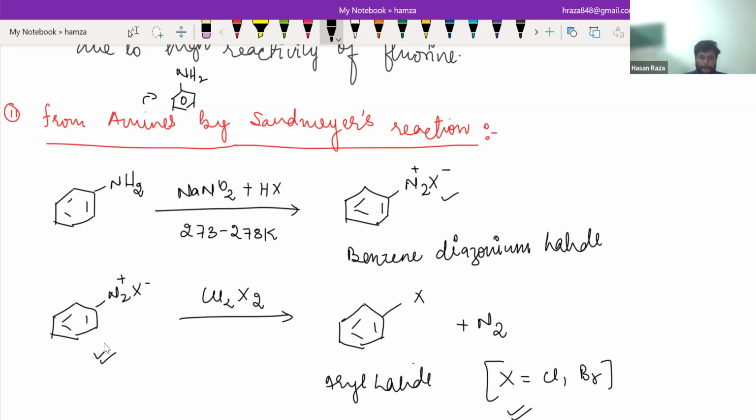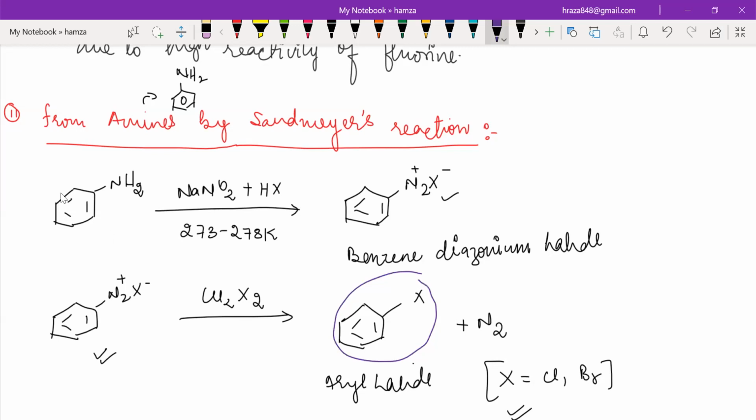So please write it. Sir, what's the last one below the product? Product is this. Two-step reaction below that. Aryl halide. Okay, yes, sir.